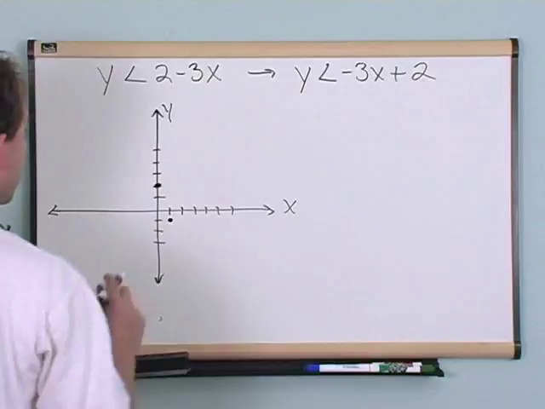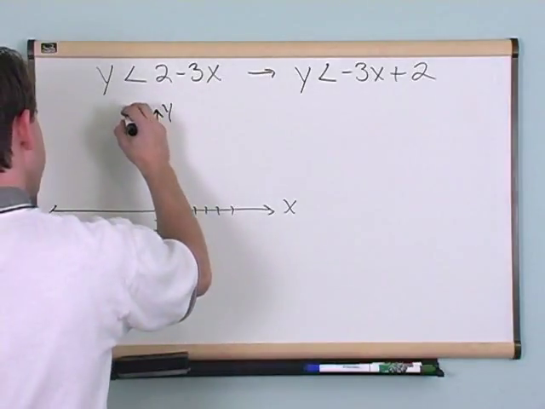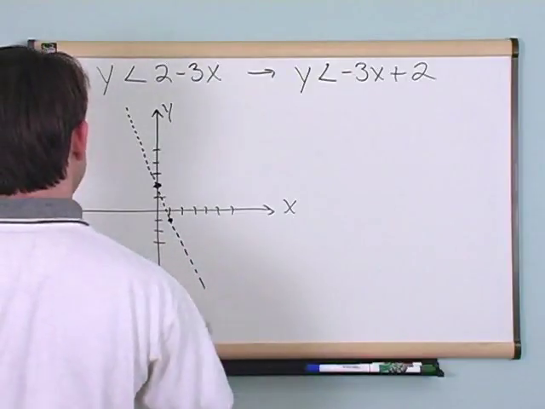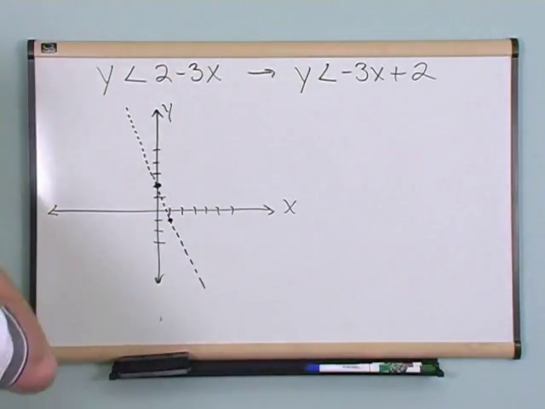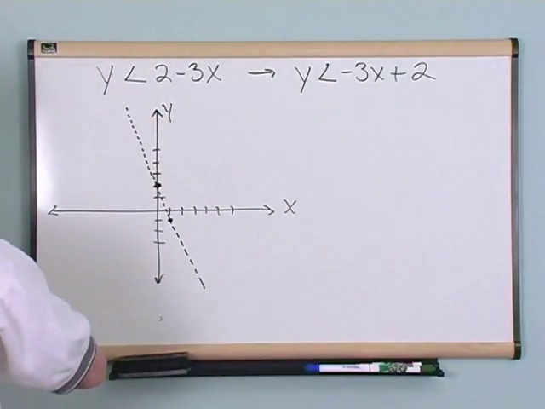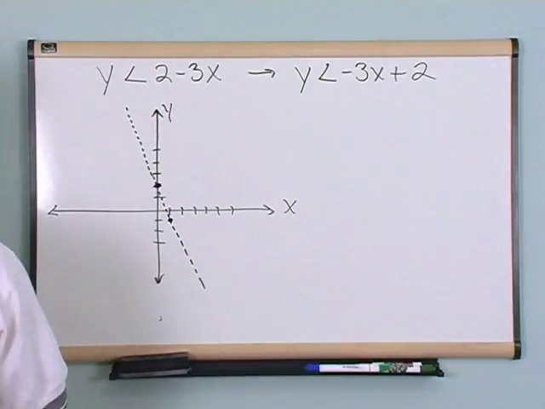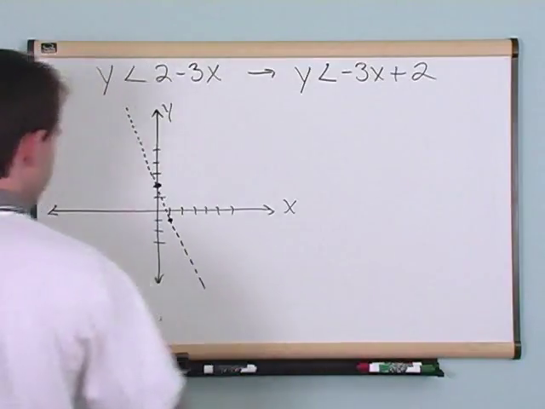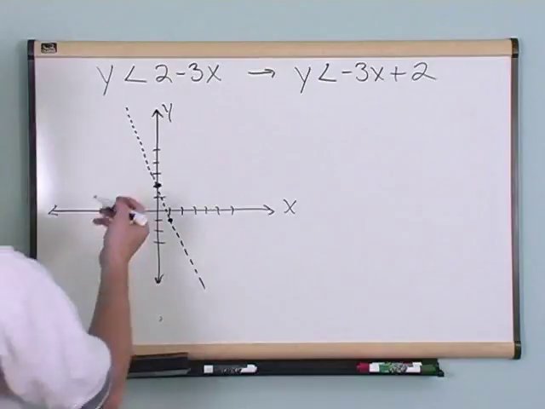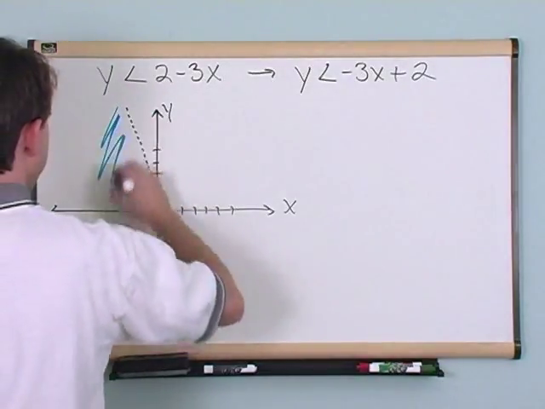Okay? Now I'm also going to draw a line just like I did before, but I'm going to draw a dotted line instead of a solid line. And I'm going to explain it to you in just a second. To finish everything off, we need to shade something. And actually to do that, I'm going to use a different color, which I think may be beneficial for this example. And what I'm going to do is I'm going to shade everything over here.